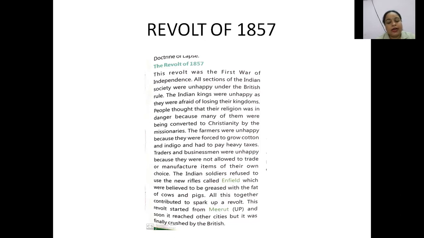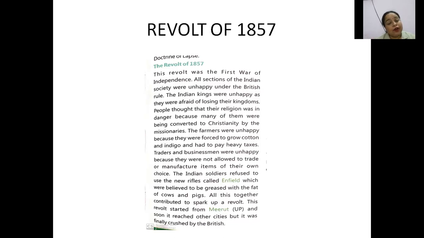The traders and businessmen were unhappy. Now who comes as the third section? The traders and the businessmen. They were also unhappy because they were not allowed to trade or manufacture items of their own choice. Means if I am manufacturing food articles, or wood or furniture, I am not allowed to manufacture that.